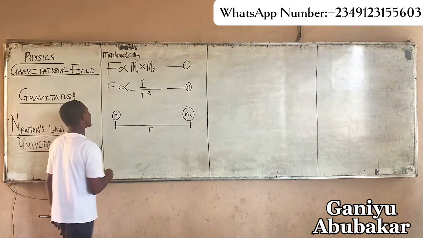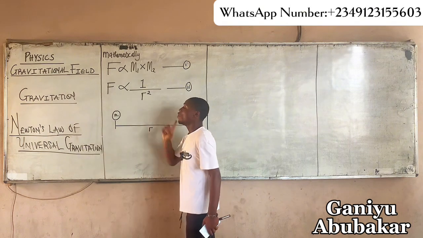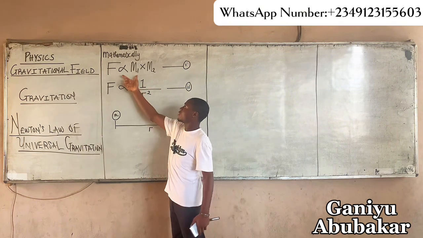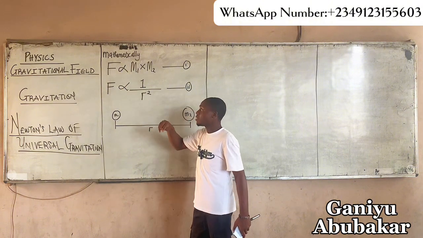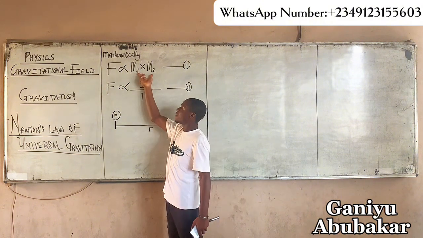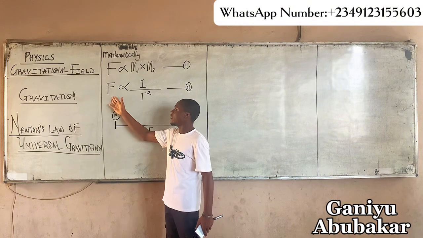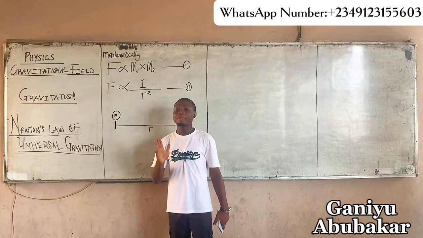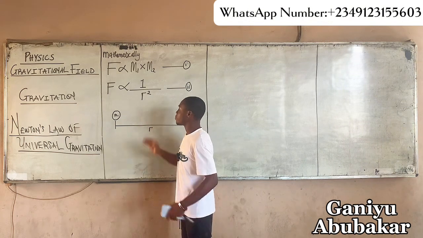So the force of attraction F between the two masses is proportional to the product of the masses, and this same force is inversely proportional to the square of the distance apart.